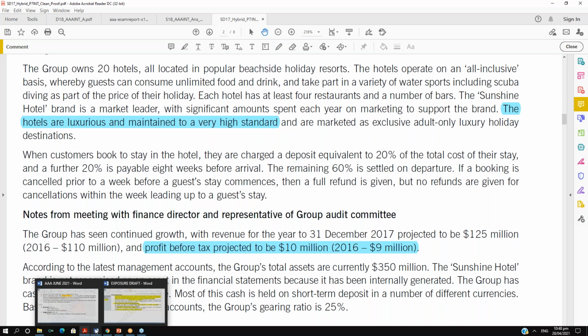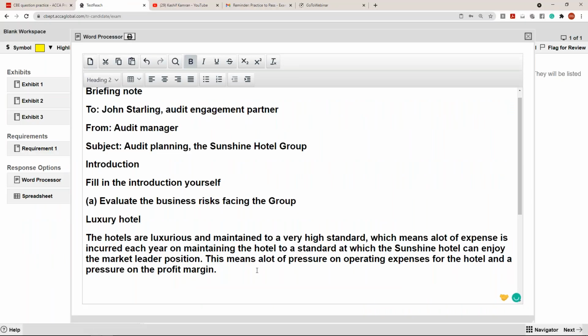So let me develop my point here. I go back to my blank workspace. This means a lot of pressure on the operating expenses for the hotel and a pressure on the operating profit margin. The operating profit margin has already declined from 8.2% in the last year to 8% in the current year.